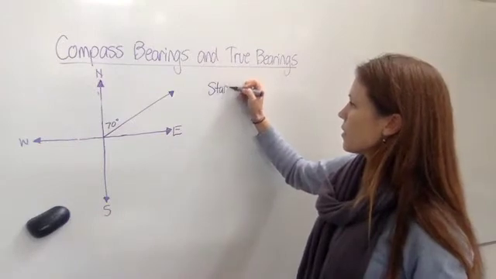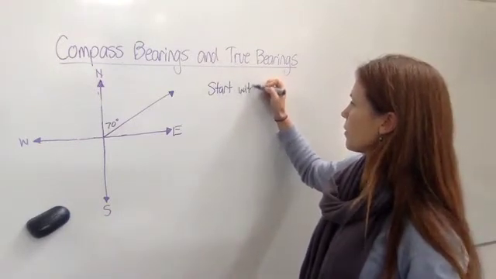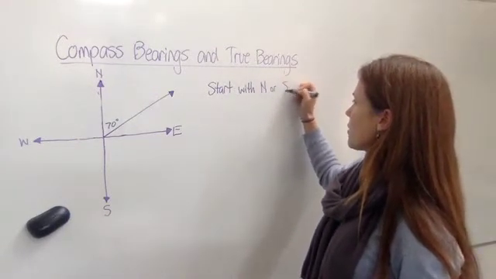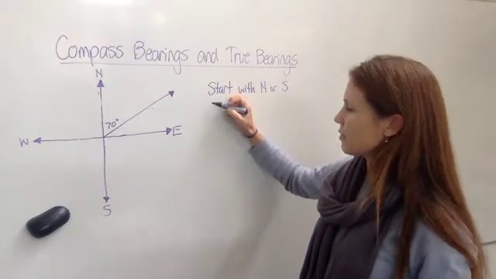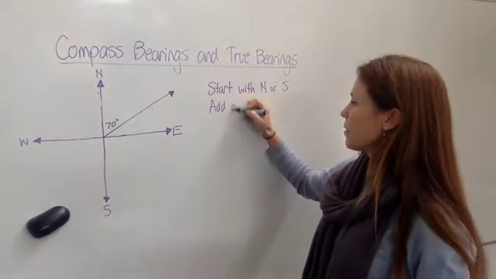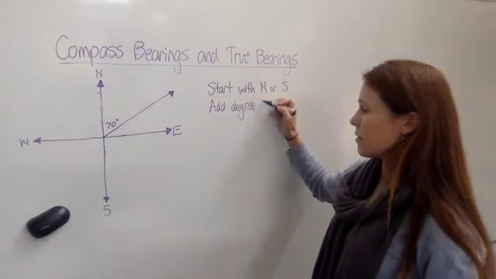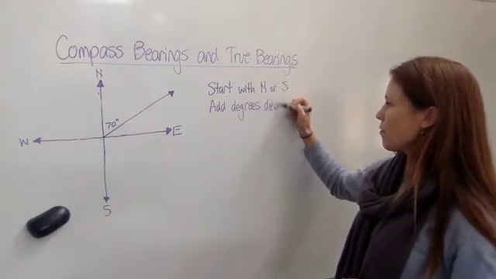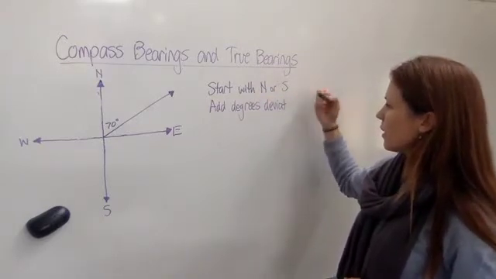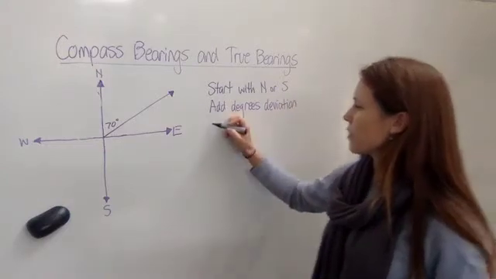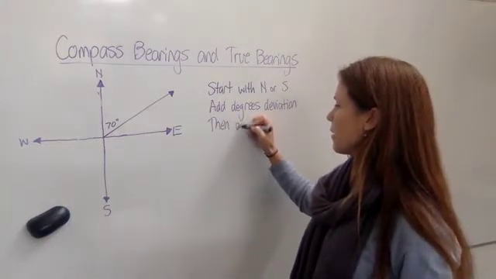So this is compass bearings: start with N or S, and then add the degrees that it has deviated away from north or south. So add degrees of deviation, and then add the direction.